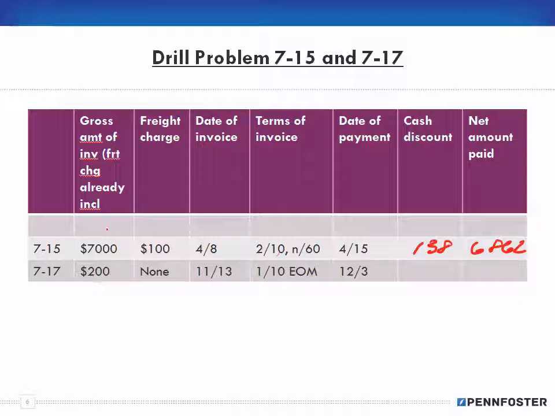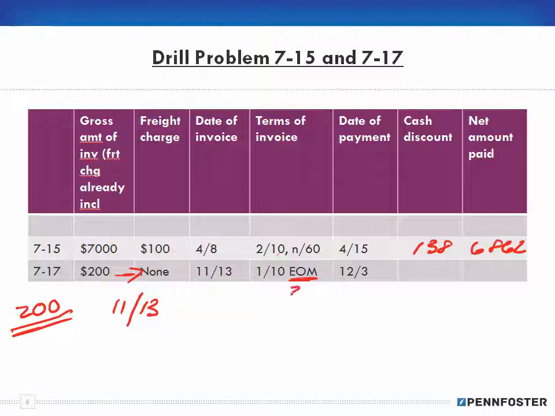So my gross amount, including freight, is 200, but I have no freight, so I'm going to strictly deal with the 200. Now, my invoice date is 11/13, but my terms are 1% 10 end of month. So when I see end of month, immediately I'm going to start thinking about when the invoice is dated.